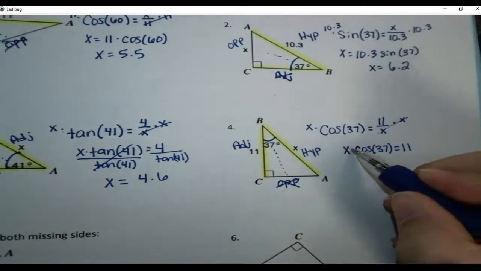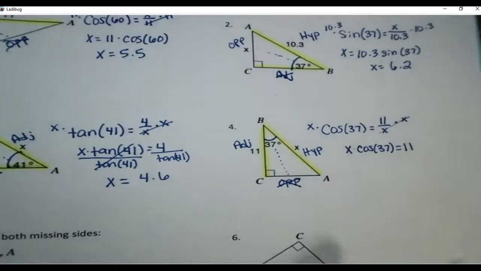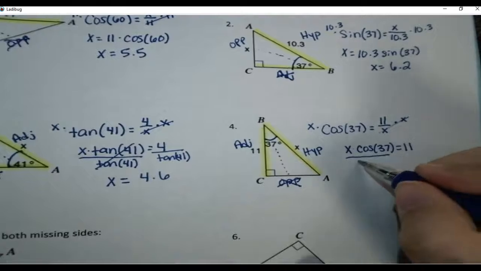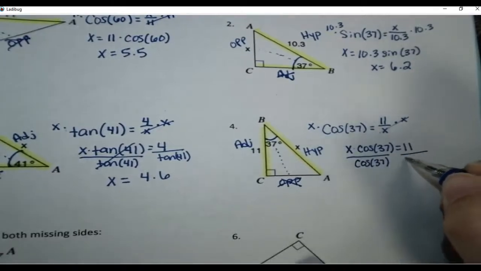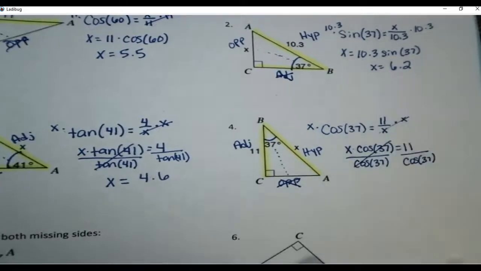So again, it's X times cosine. So to get rid of times, we divide. So we divide both sides by cosine of 37. That gets rid of that.